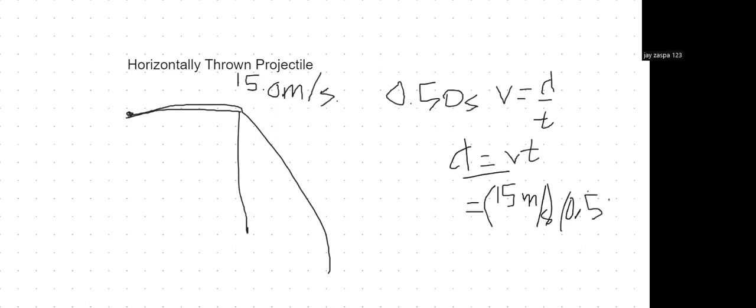Okay, so that is how we're going to solve this. The answer will be 7.5 meters, because we're asked to get the distance. And that is the horizontal distance. So you can put here x. When you say x, it's horizontal.